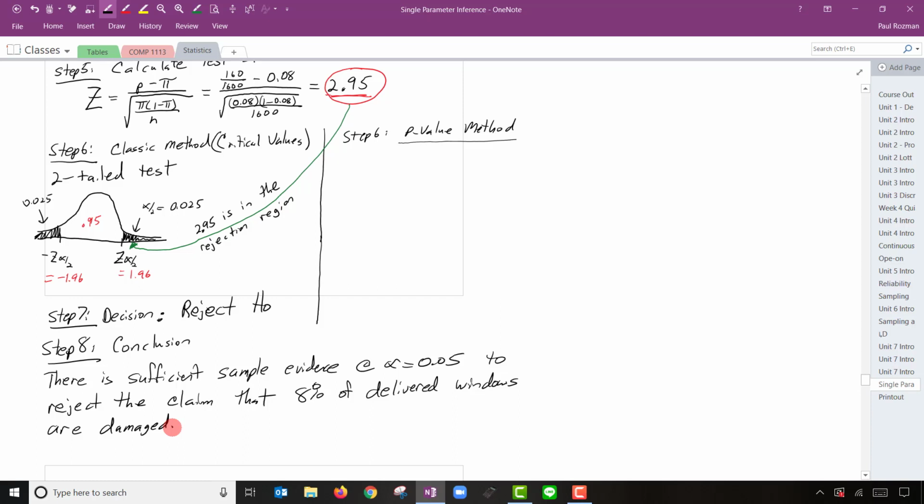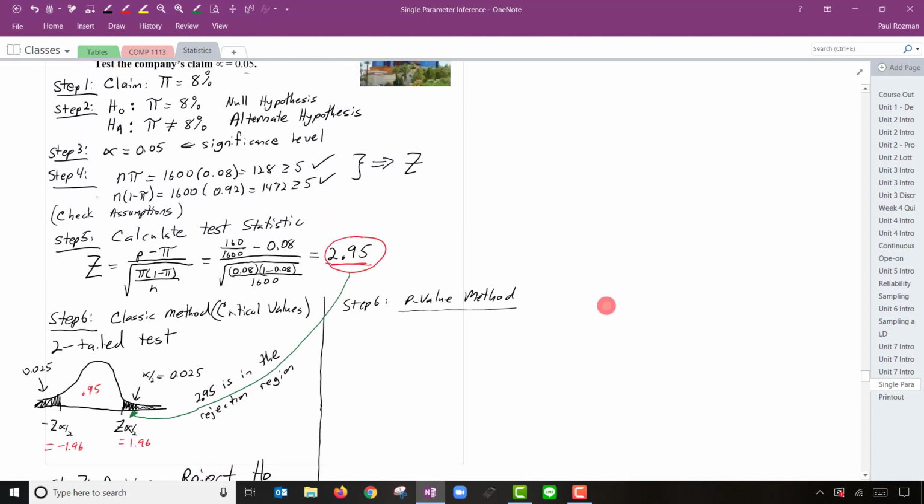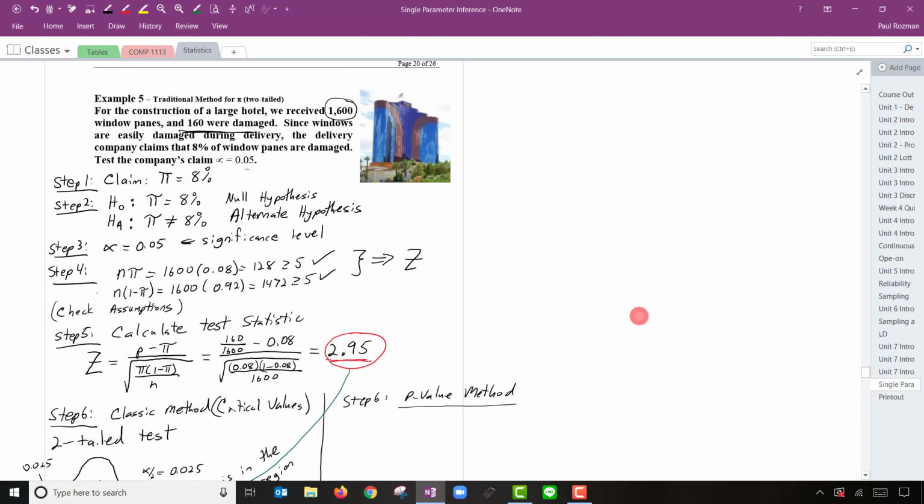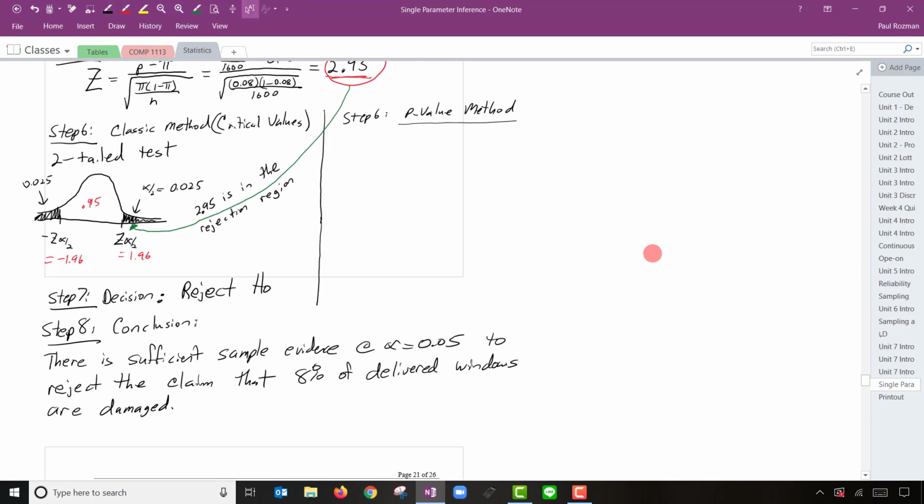So in step 8, we finally put things back together. We know we've rejected the null hypothesis in step 7. Let's go back to the beginning and see what that means. If we've rejected the null hypothesis, we have rejected the claim because the claim was the null hypothesis. And we get to word this fairly strongly.